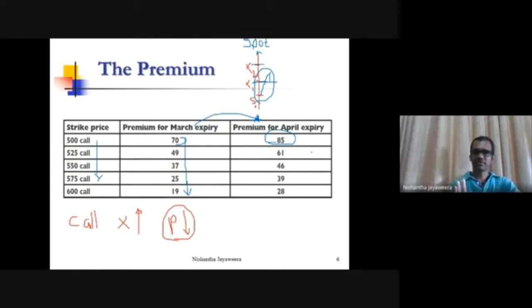So remember, I emphasize that for call options, the higher the strike, the lower the premium, because the chances of trading the underlying asset at or above high strike prices are low.